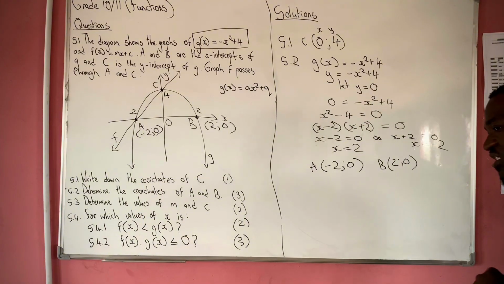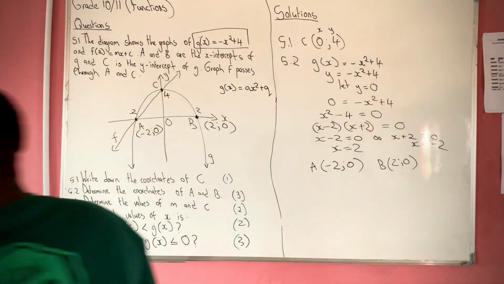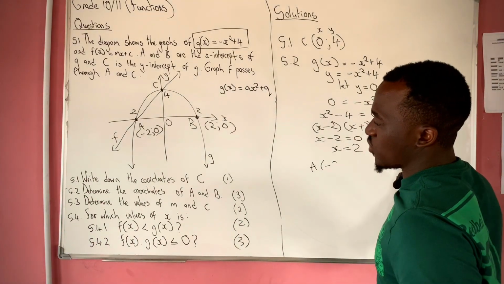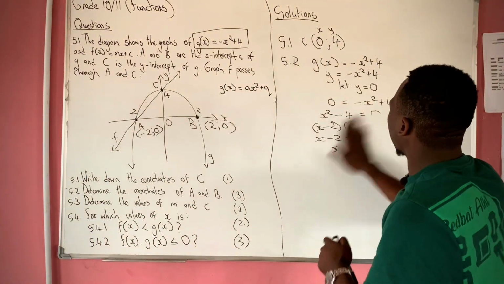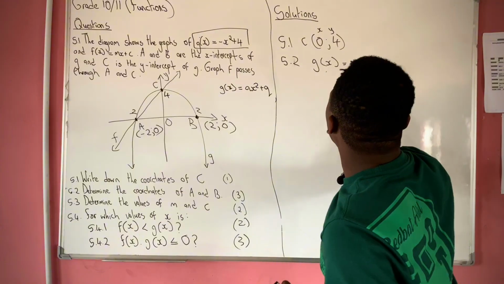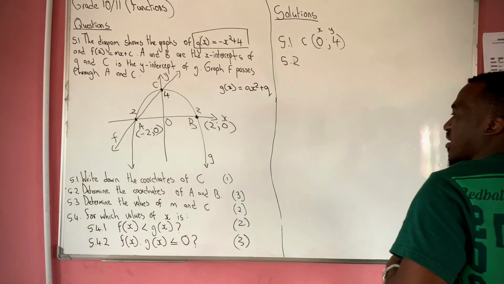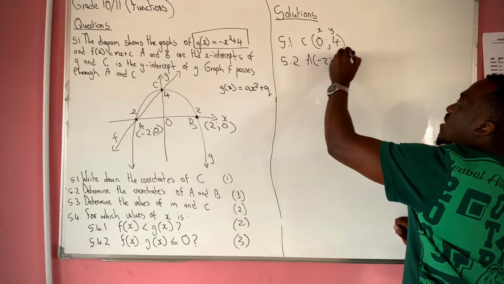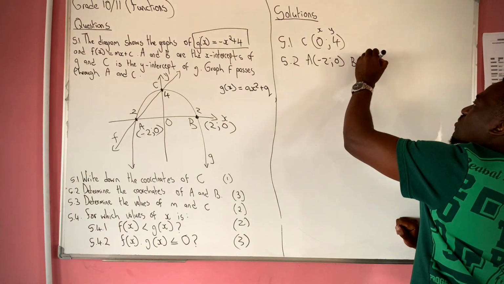So now let's move on to question 5.3. It gives us A as negative 2, 0 and B as 2, 0.